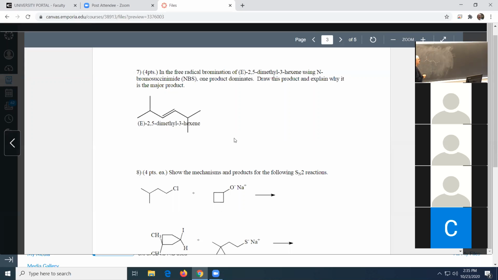N-bromosuccinimide is a reagent for generating bromine free radicals.